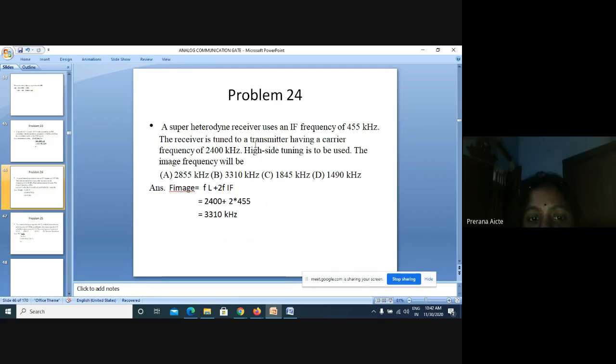So in order to find the image frequency, which equals FL plus 2 times the intermediate frequency, that is 2400 kHz plus 2 times 455 kHz. When we add, we get 3310 kilohertz. So the correct option is B, 3310 kilohertz.